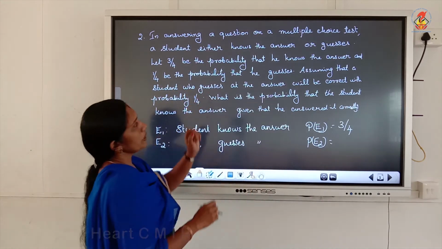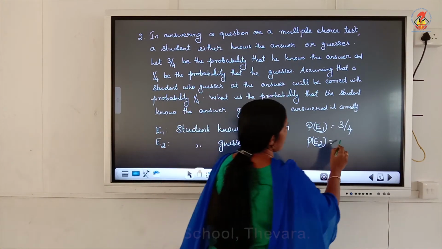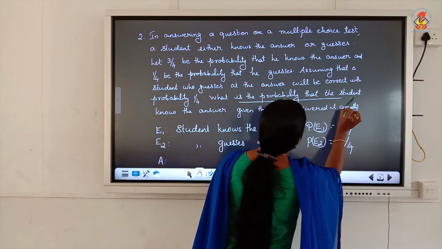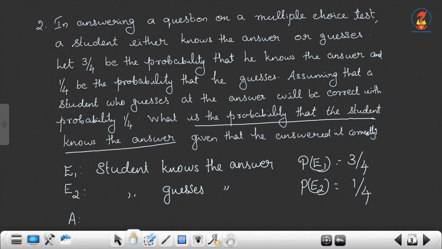And 1 by 4 be the probability that he guesses. Now what is A? Here, look, what is the probability that the student knows the answer given that he answered it correctly?